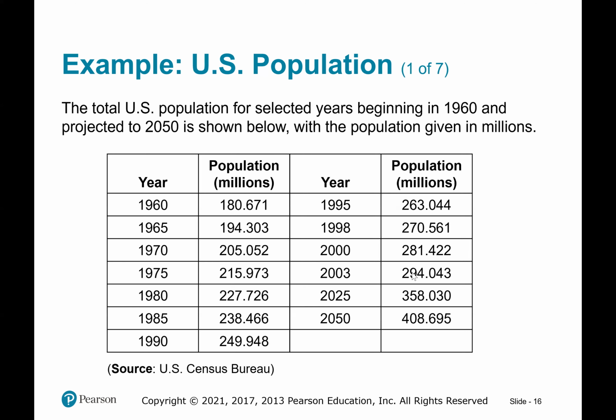Well, if that's true, this is going to be 0. And this is going to be 5. This is going to be 10. And then you get over here and you got some wonky data. So 98 would be 38. 2000 would be 40. And 2003, what would that be? 43.